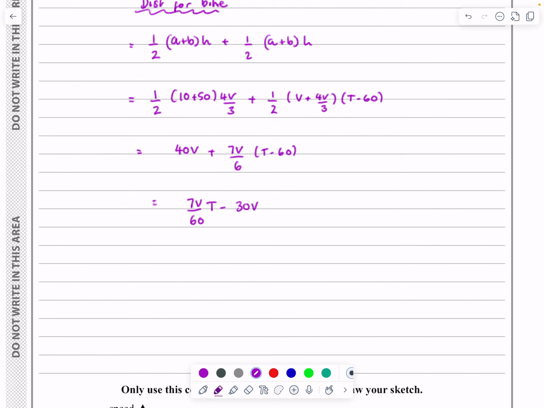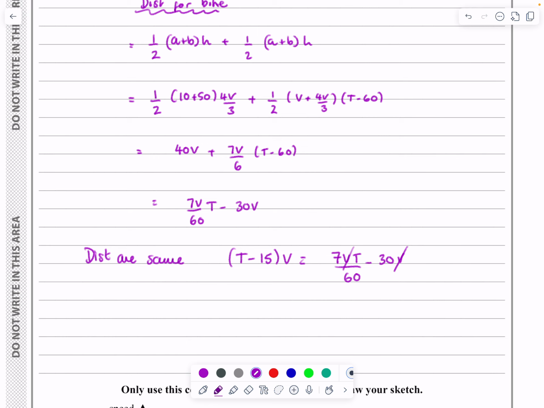I say, by all means, you take a little bit of time to work that out. And then we're going to say the distances are the same. So what that means is I'm going to get t minus 15 times v is equal to 7vt over 60 minus 30v.